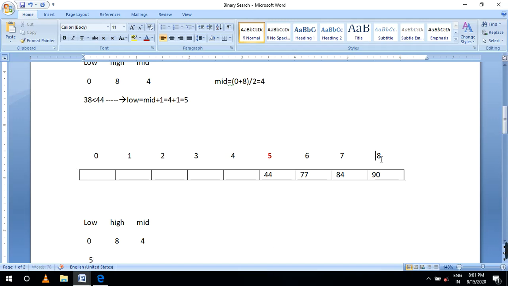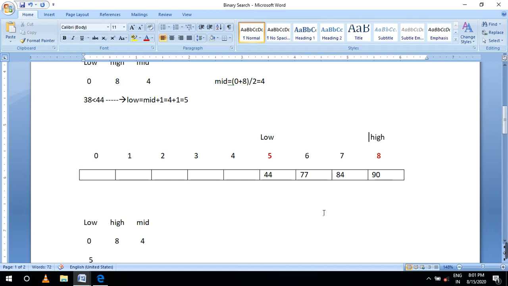Next, the high value is 8. So this is your low value, and next you calculate your high value.